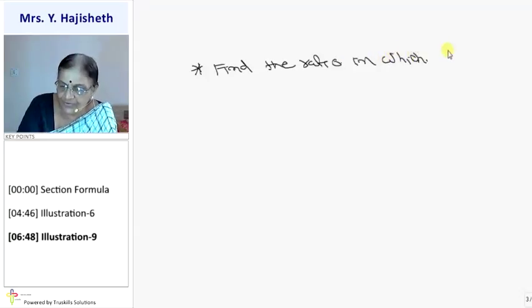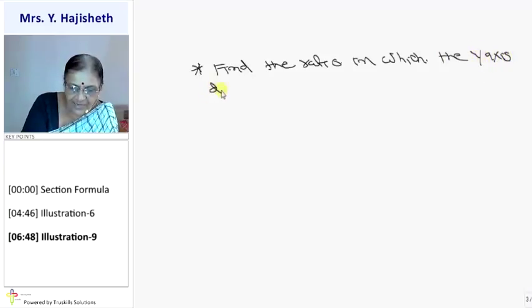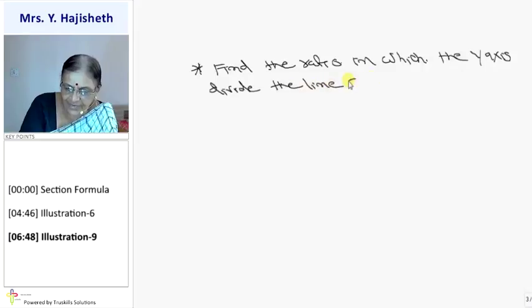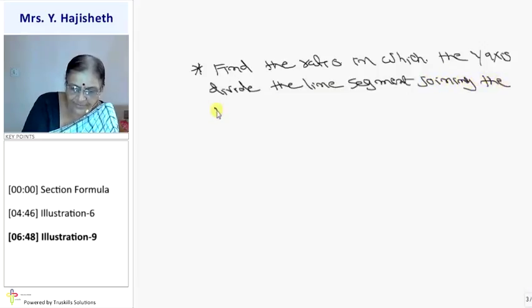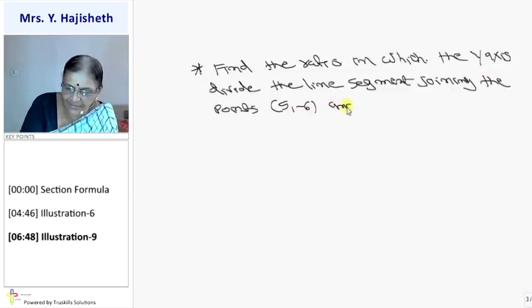Find the ratio in which the y-axis, मतलब coordinate of P नहीं दिया है, y-axis दिया है, divides the line segment joining the points (5, minus 6) and (minus 1, minus 4).